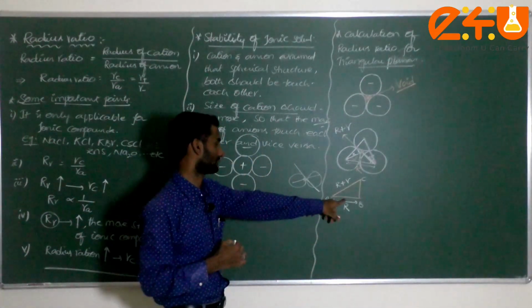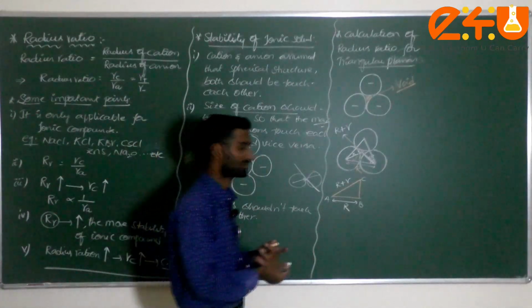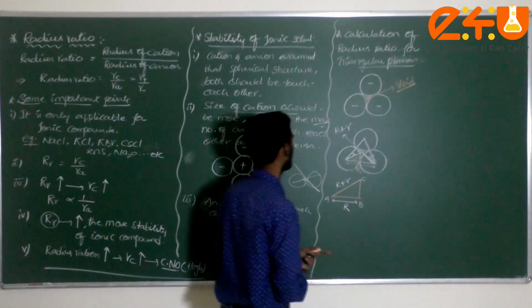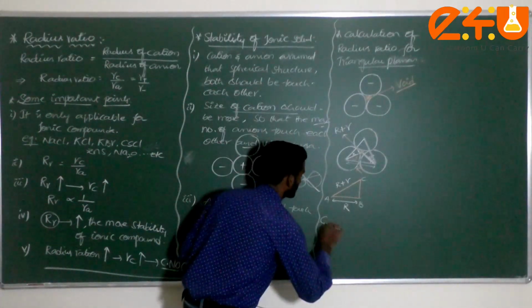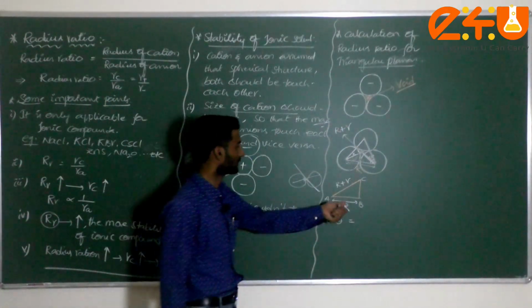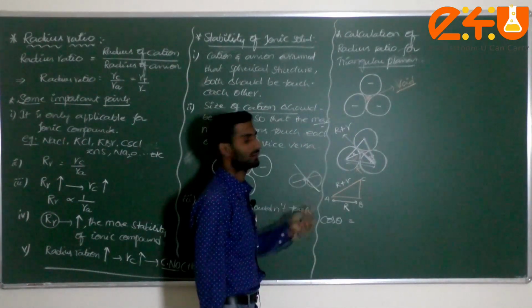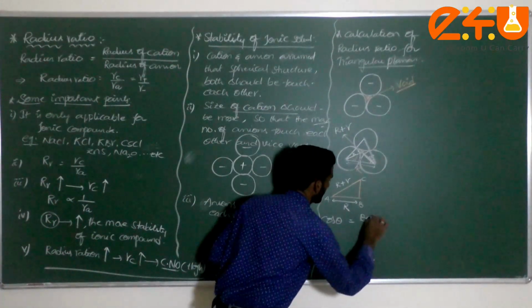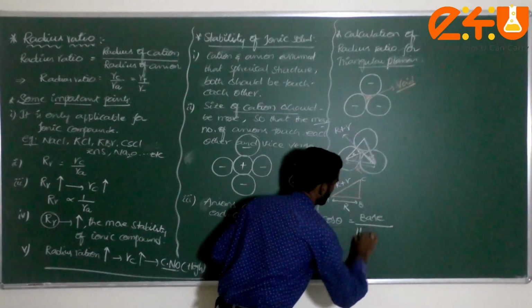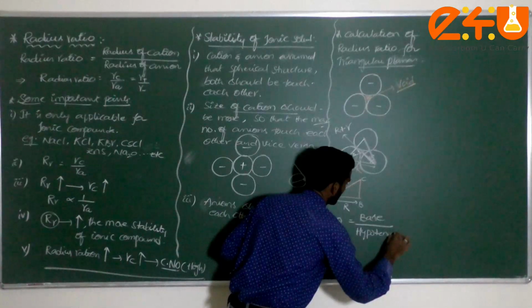Then the base is there, and the hypotenuse is there, and which trigonometric function we have to consider here? Cos theta. Am I correct or not? Cos theta is equal to, generally, base divided by hypotenuse. Am I correct or not?